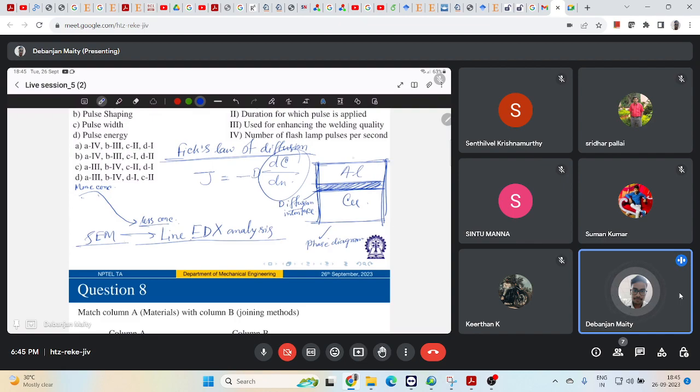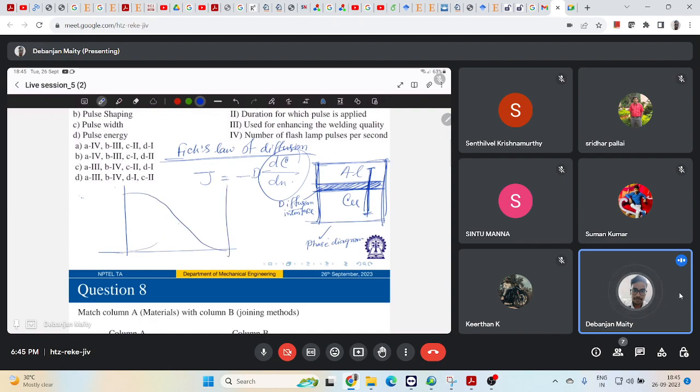Now, if you do some line EDX analysis, so you are basically scanning this cross section from aluminum to copper, to find out the composition of different metals over there. This is aluminum, this is copper.